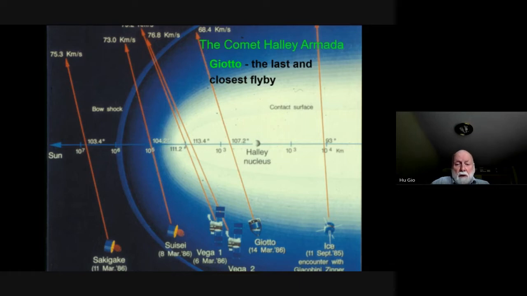We had two Vega missions passing a few thousand kilometers away, and then we had the Giotto mission, which passed about 600 kilometers away from the nucleus. And you can see that the approach to the nucleus was at high phase angles above 90 degrees. So during approach, the shadow side of the comet was visible, and the solar illuminated side would have been visible after the closest approach.